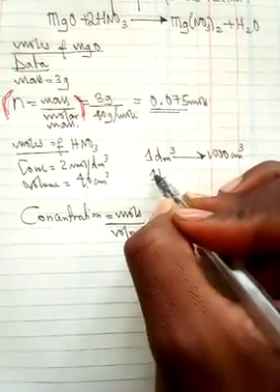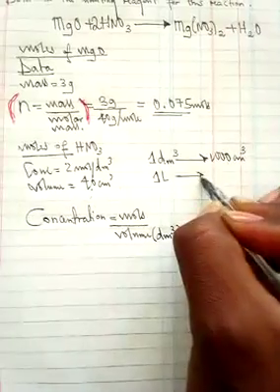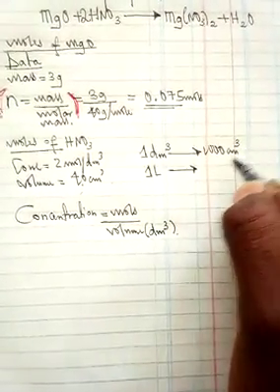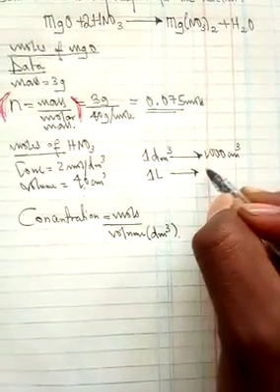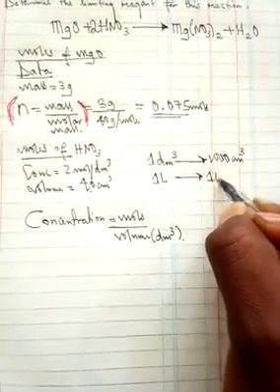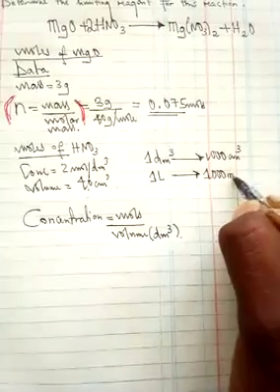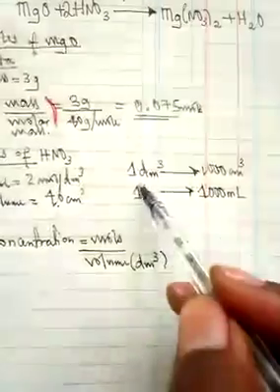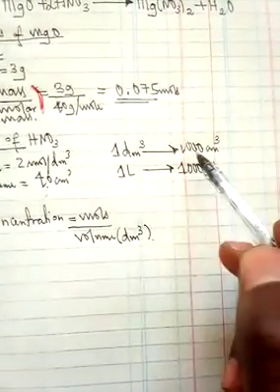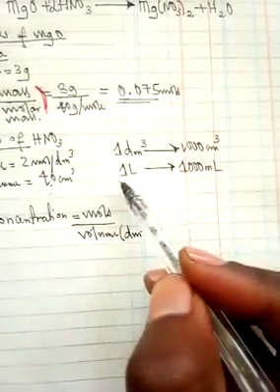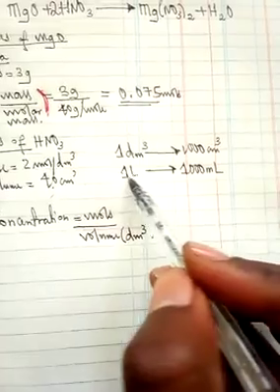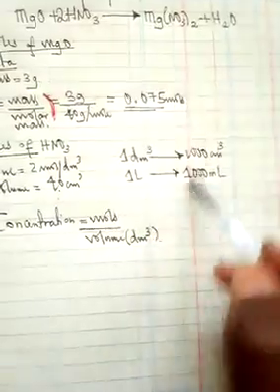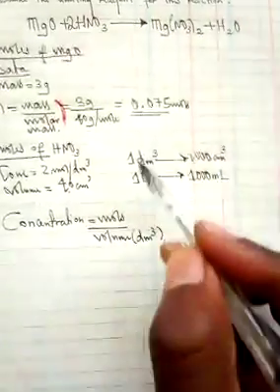Centimeters cubed can be termed as 1 milliliter. So someone who says 1 decimeter cubed, 1000 centimeter cubed, or another who says 1 liter, 1000 milliliters, they're just talking about one and the same thing here.